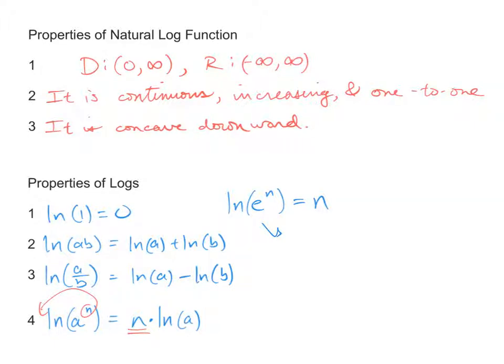That will give you that the natural log of e. But one other thing that you need to know is that the natural log of e is 1. So this will be 1, n times 1 is n. So this is the last property that you need to know for the examples.